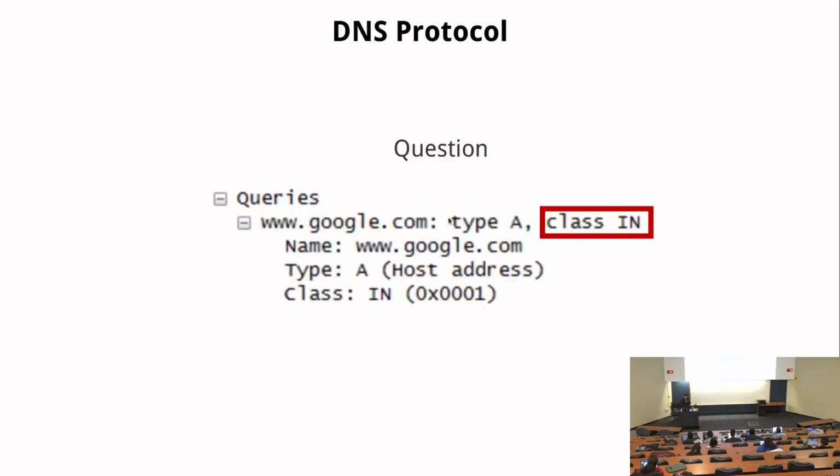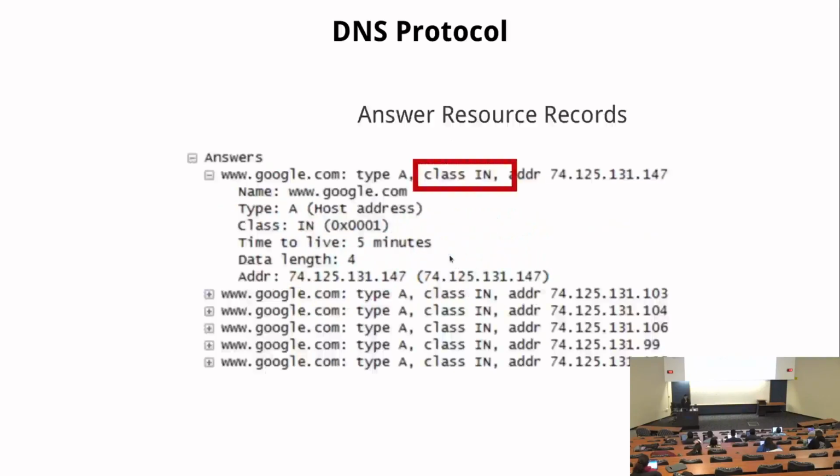At the application layer, Wireshark will know this is a query, a type A class inquiry, asking what is the IP address for this domain name.